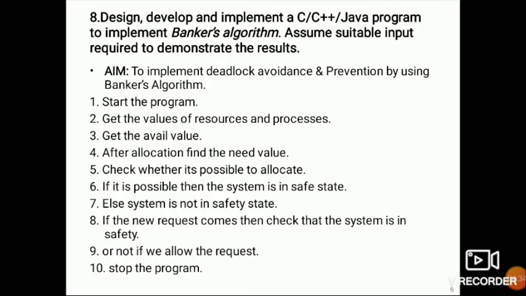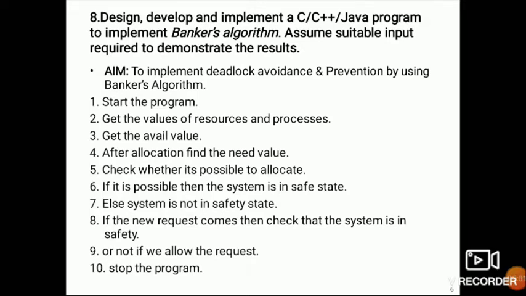Now we'll see the banker's algorithm program. The aim of the program is to implement deadlock avoidance and prevention using the banker's algorithm. Step 1, start the program. Step 2, get the values of resources and processes. Step 3, get the available values. Step 4, after allocation, find the need value of a given process. Step 5, check whether it is possible to allocate for the execution.